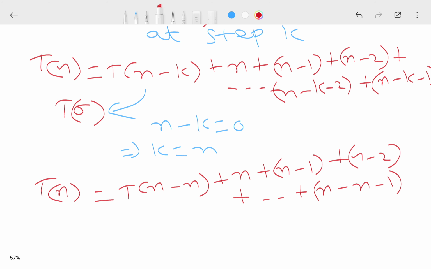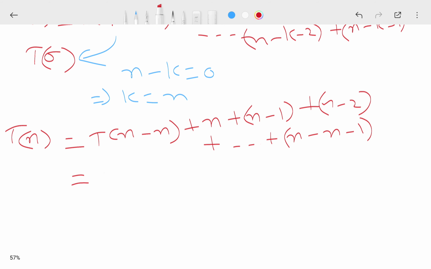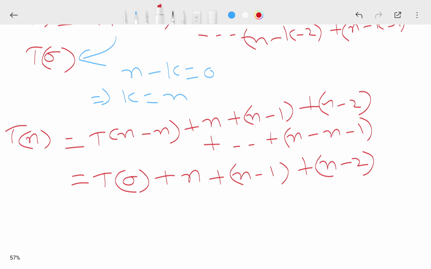So it will be t of 0 plus n minus 1, plus n minus 2, plus n minus 3, plus up to n minus n, which is minus 1... So this is n minus n, 0.